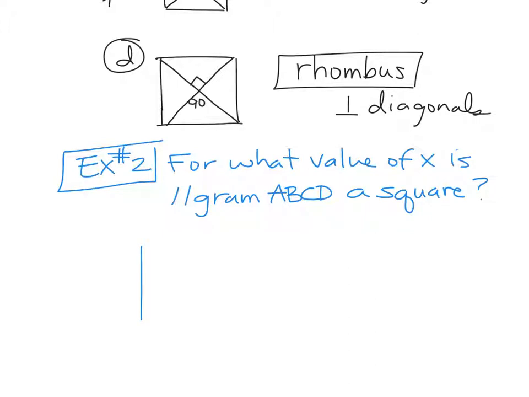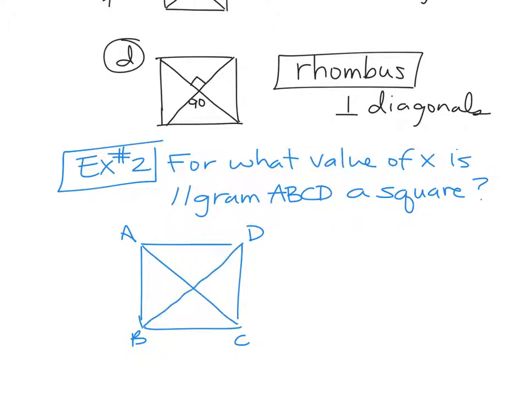Okay, and here's what we have. This is A, B, C, and D. This angle here is 6x plus 6. And these are marked congruent. So I'm telling you in the problem, it is a parallelogram.